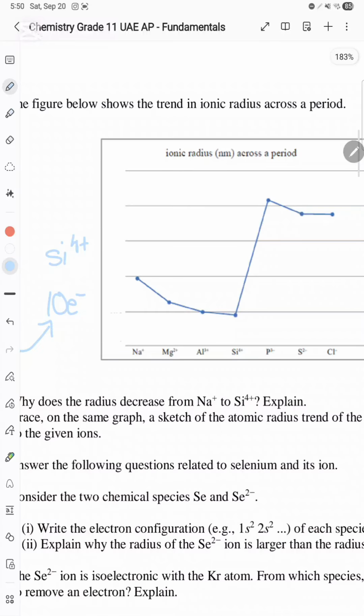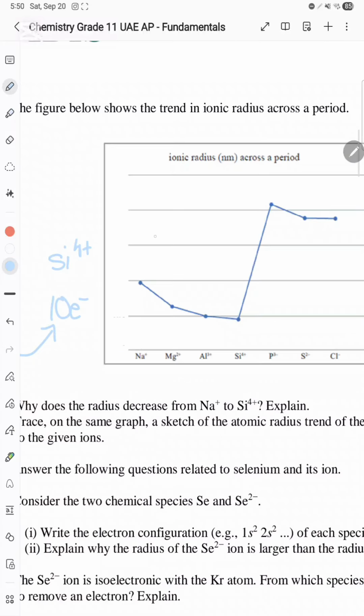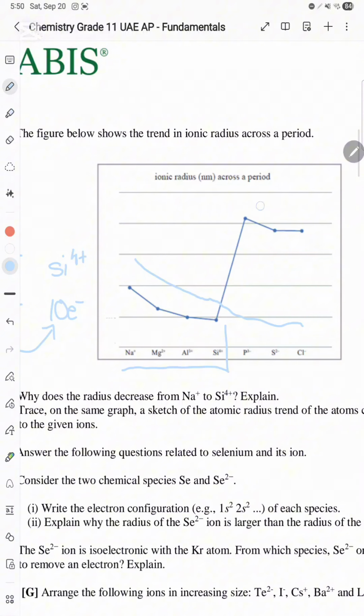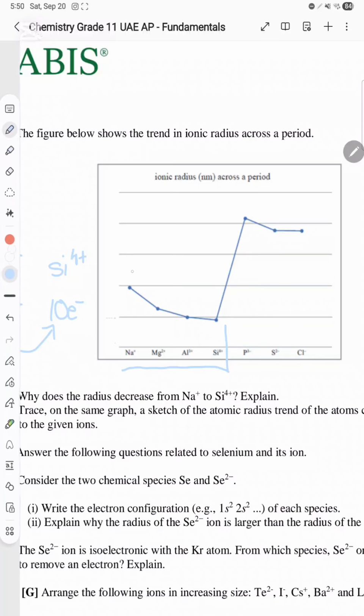So the atomic radius of all these cations is going to be bigger than this, and for the anions it's going to be less than this.